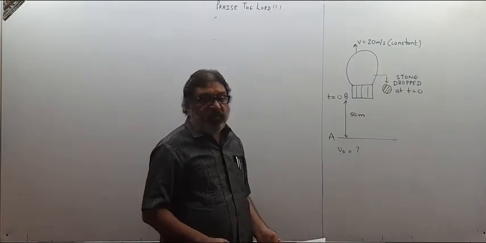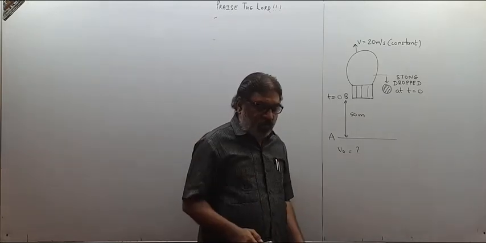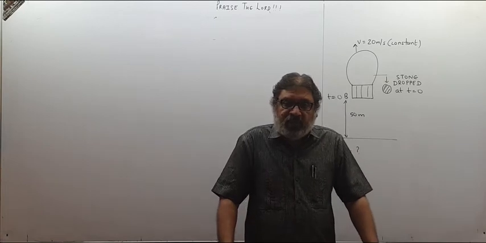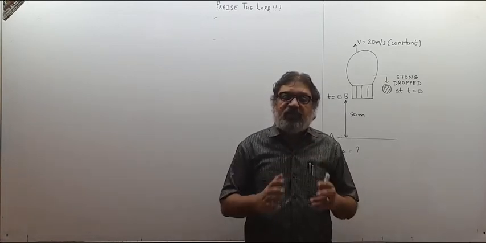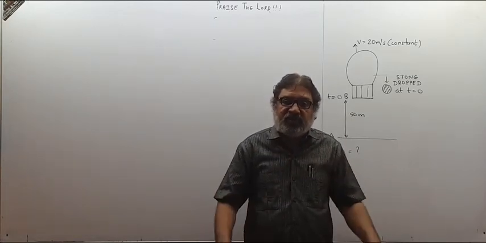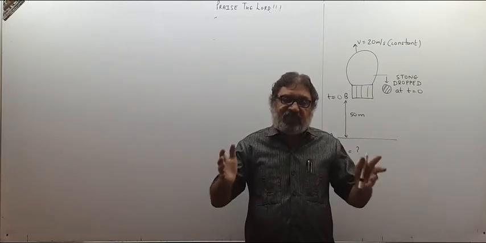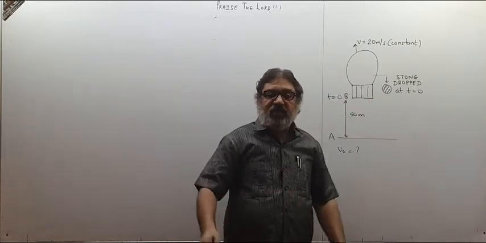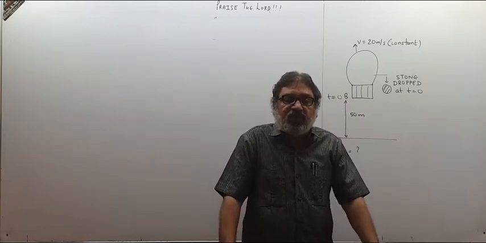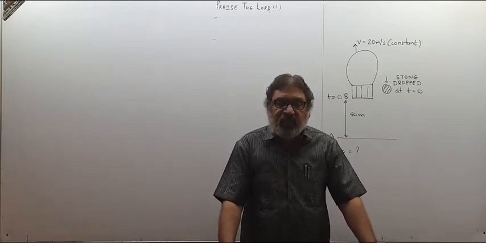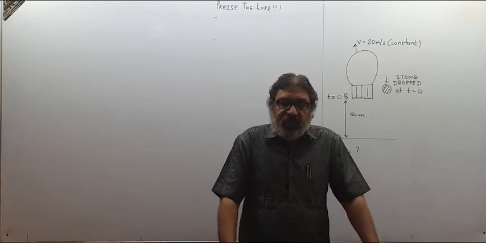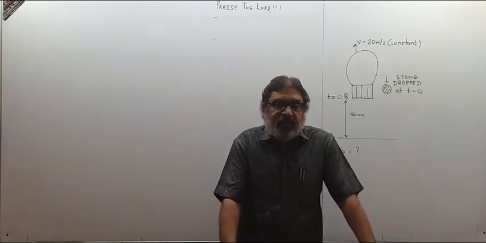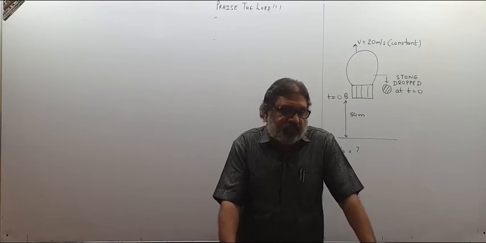Now children, please remember, whenever two objects moving with the same velocity get detached from each other, just like the stone and the balloon, they were moving together, going up with a constant velocity of 20 meter per second. When they get separated, at that instant, the velocity is shared, means velocity remains the same.